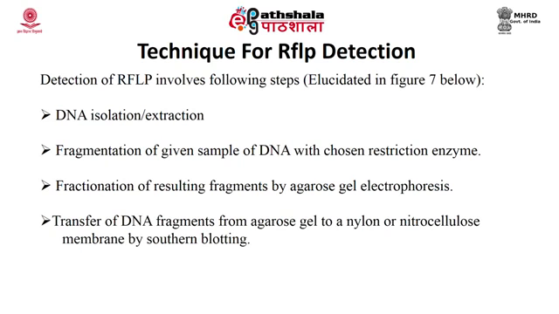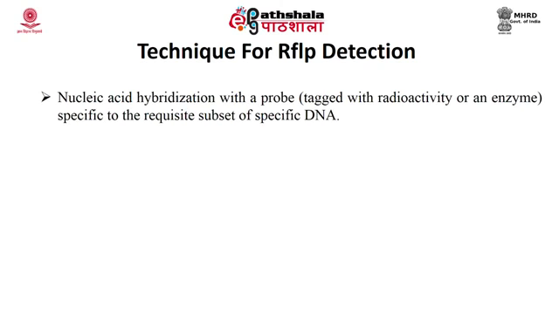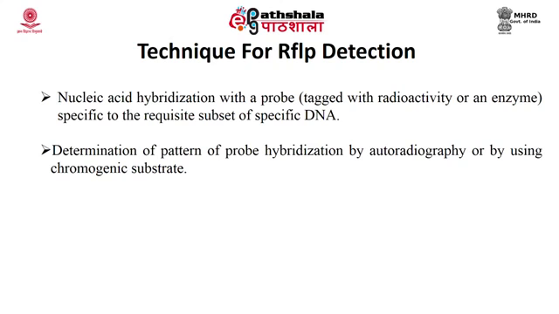Fourth, transfer of DNA fragments from the agarose gel to a nylon or nitrocellulose membrane by Southern blotting. Fifth, nucleic acid hybridization with a probe, that is, tagged with radioactivity or an enzyme, specific to the requisite subset of the specific DNA. Sixth, determination of the pattern of probe hybridization by autoradiography or using a chromogenic substrate.